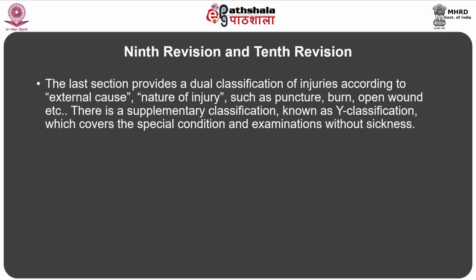The last section provides a dual classification of injury according to the external cause and the nature of injury, such as puncture, burn, open wound, etc. There is a supplementary classification known as the V classification, which covers specific conditions and examinations without sickness.